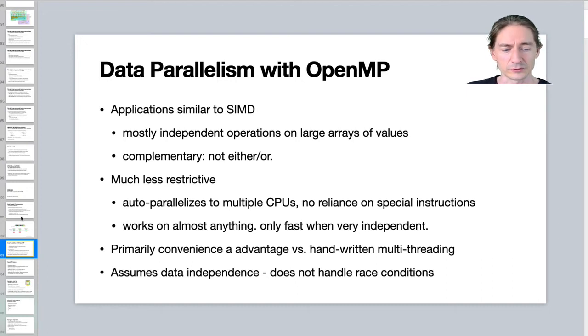So if you do need to do a lot of synchronization, like you would in a normal pthreads program, then you will still need to do the same synchronization in OpenMP. It'll be just as fast, or just as slow, I should say. So there's no magic sauce here.